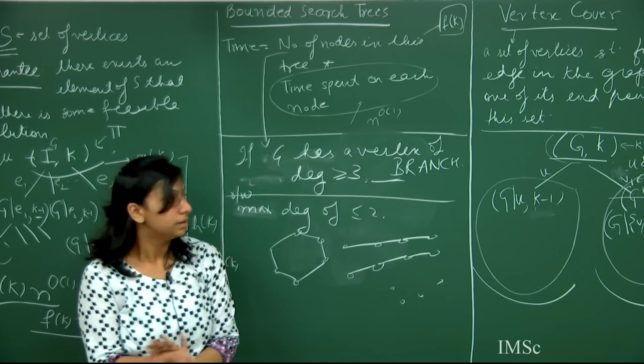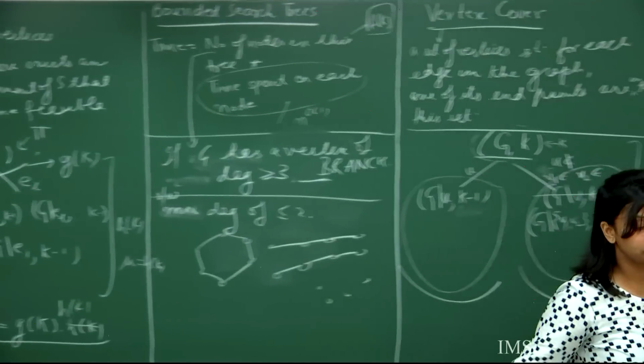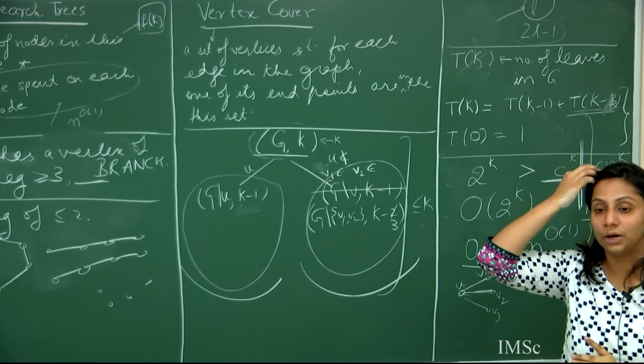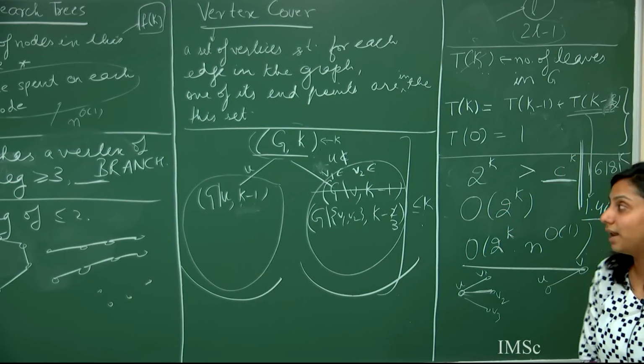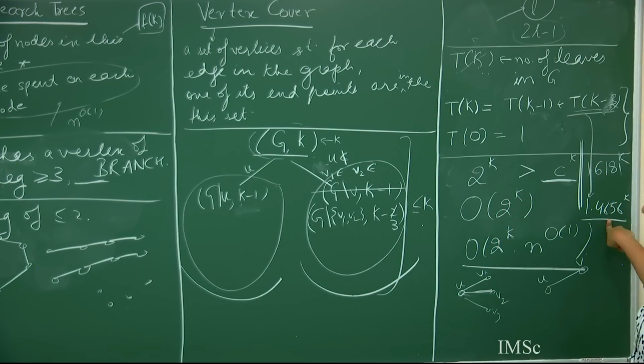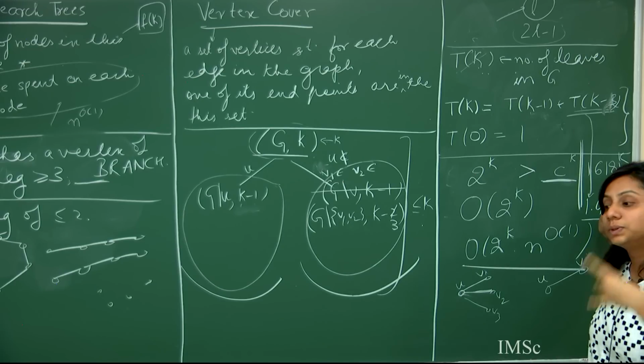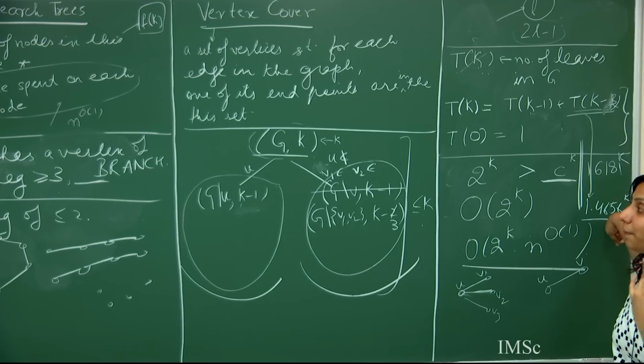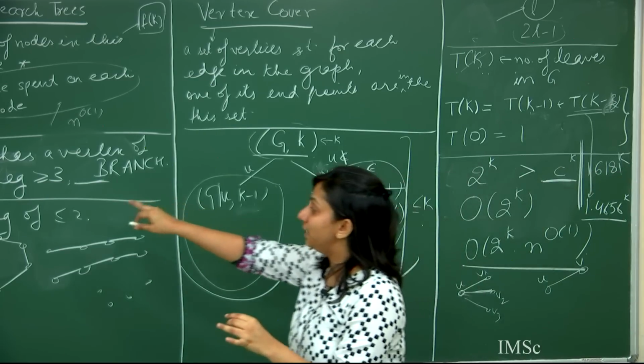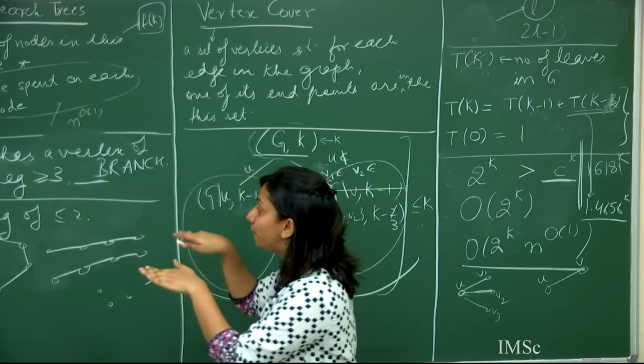Okay, so this was for vertex cover. Right now in the literature there are algorithms for vertex cover that have running time better than this, but they use some other properties. You cannot really hope to go along this line.